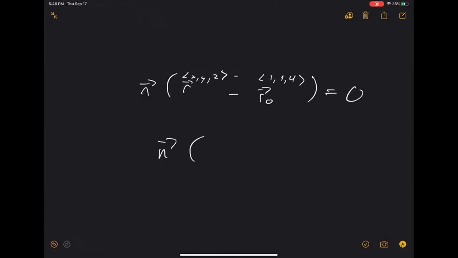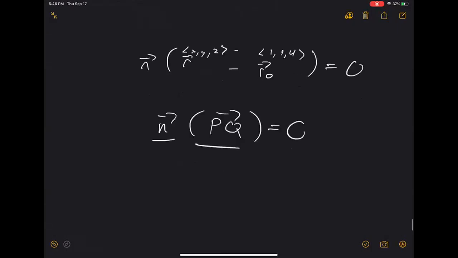The plane, remember, is all the points X, Y, and Z that satisfy, like, X, Y, Z minus, what? 1, 1, 4, was that one of the points? I want to be able to write all the points X, Y, and Z that satisfy this equation. If I just had N and I use like PQ for my R minus R0, all that tells me is that this vector is orthogonal to that.